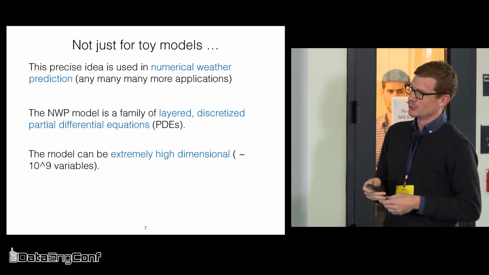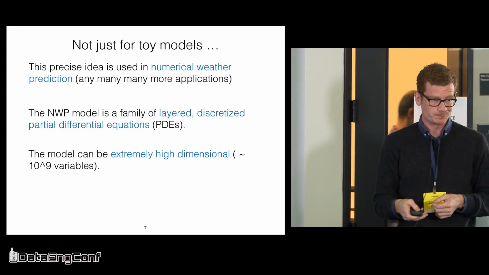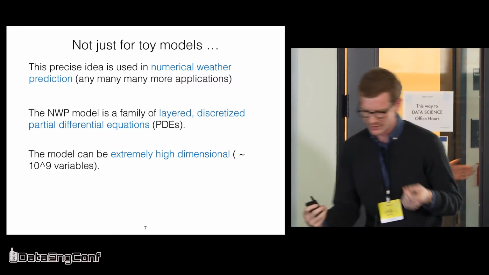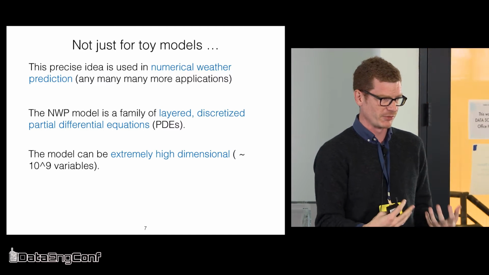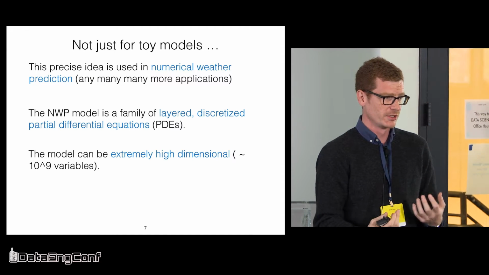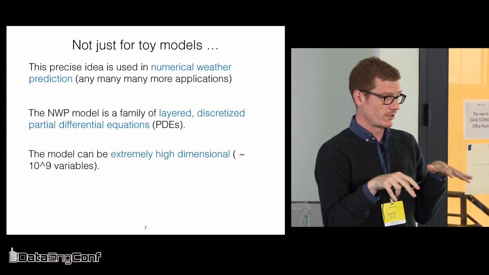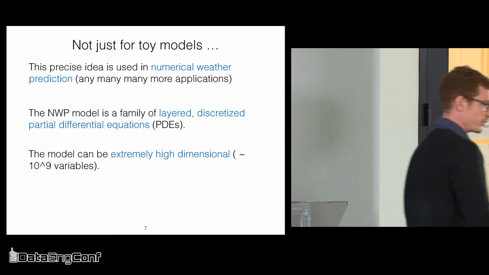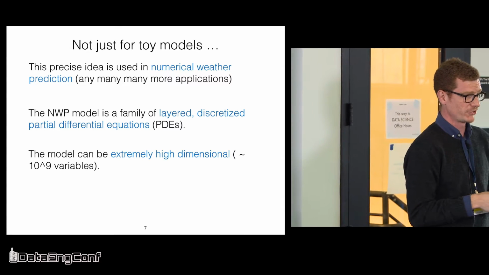The models that they use are not three-dimensional at all. They're extremely high-dimensional. So you can think of them as you take a PDE, a partial differential equation, which is describing maybe a section of the ocean or the atmosphere. You discretize it to a level of resolution that you care about. We only care about what the ocean looks like, say, at a 100 kilometer by 100 kilometer mesh.